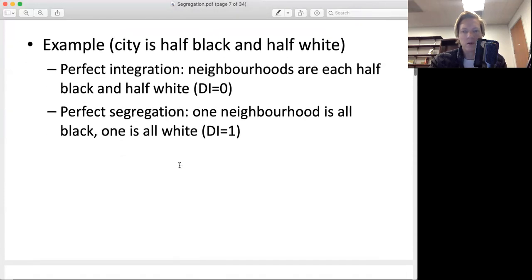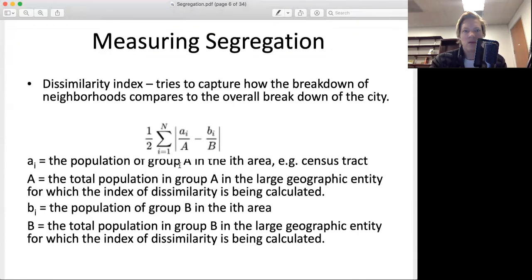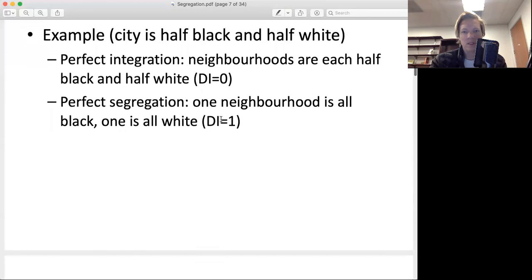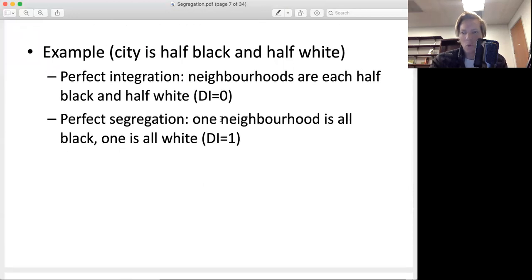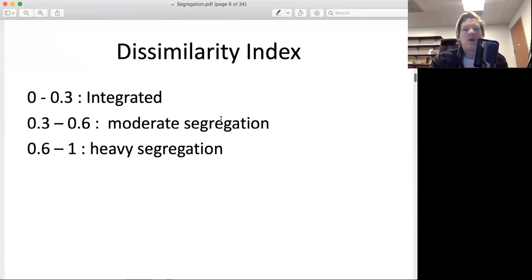We'll go through an example of this in the discussion section. For now you should just know how to calculate it, and that it's between 0 and 1, where 0 is perfectly integrated and 1 is perfectly segregated, meaning one neighborhood is one group and the other neighborhood is another group.